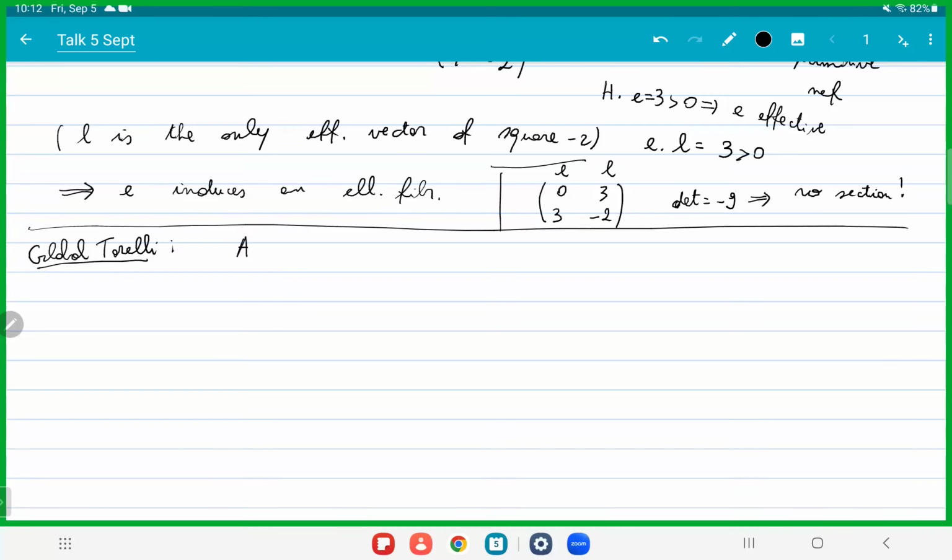So there's a map from the automorphism group of X to the group of isometries of the Picard lattice.